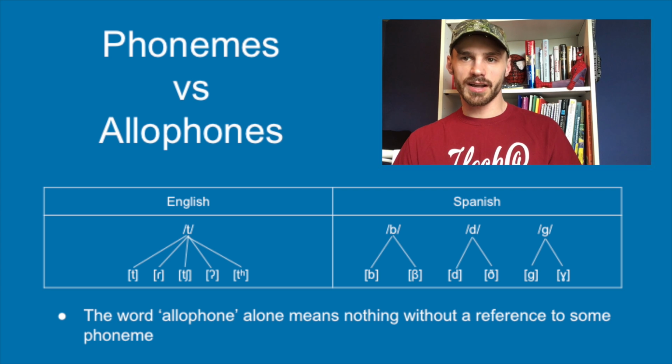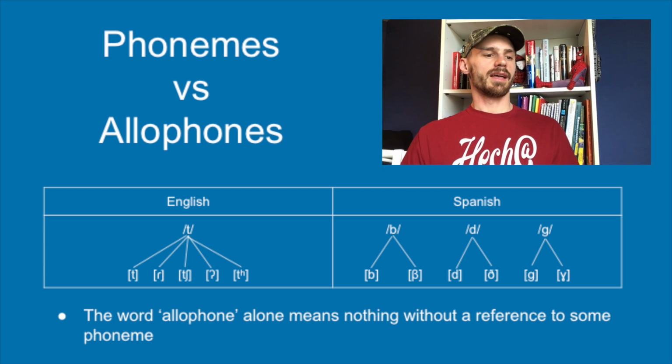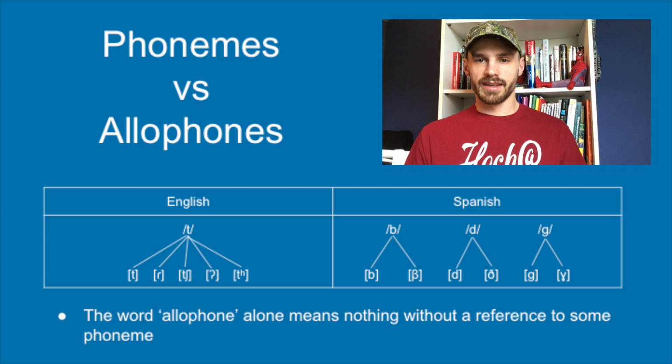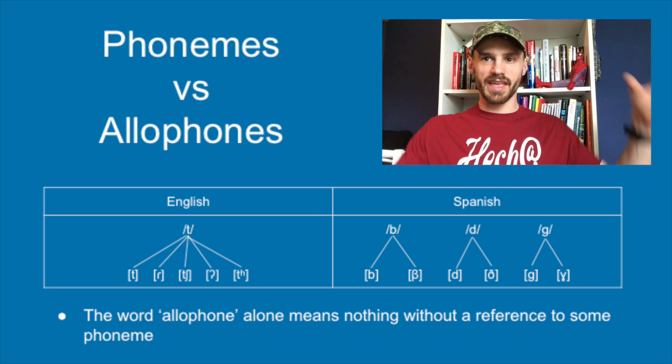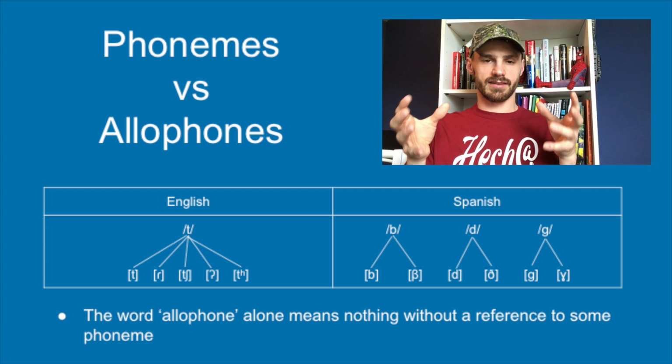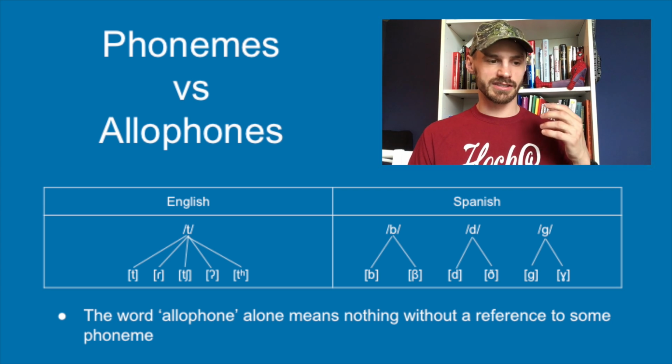So let's talk about phonemes and allophones for a little bit. An allophone is one of the specific speech sounds that is encompassed within the overarching phoneme. Okay, so in the case of the English example, we have d, r, ch, the glottal stop, and the aspirated t.